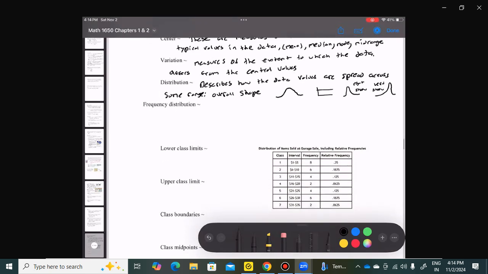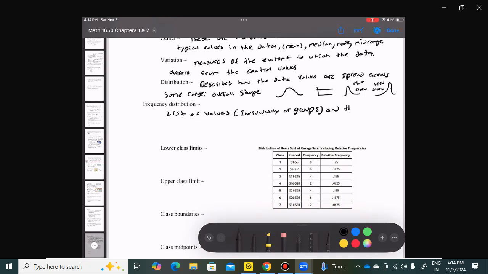And so we start out looking at what's called a frequency distribution. This is a list of values individually or grouped. If we have a lot of values, we start to usually group them.